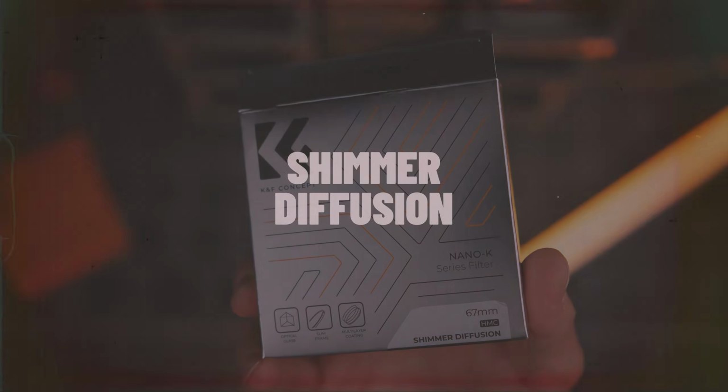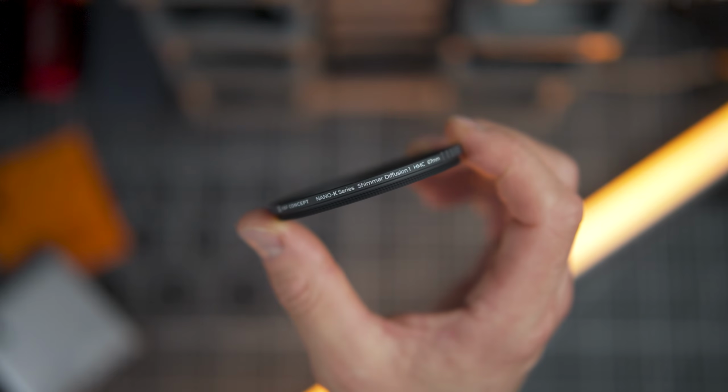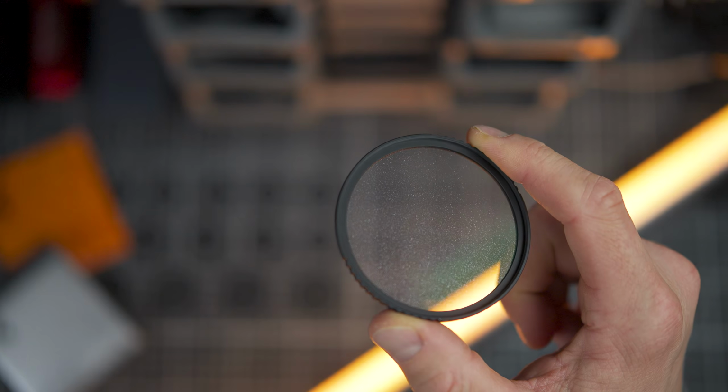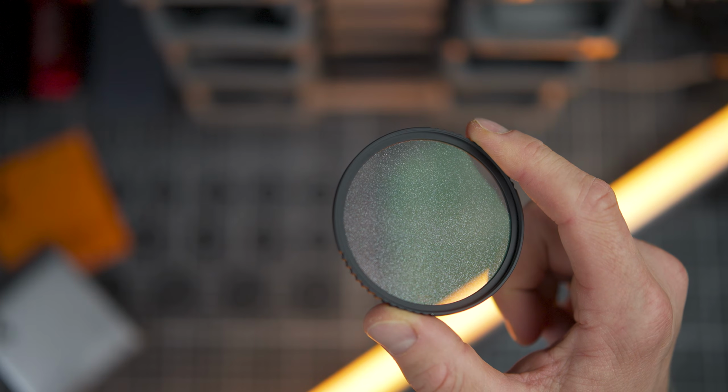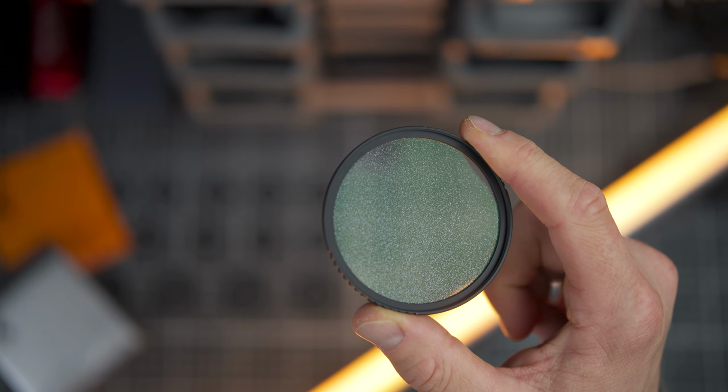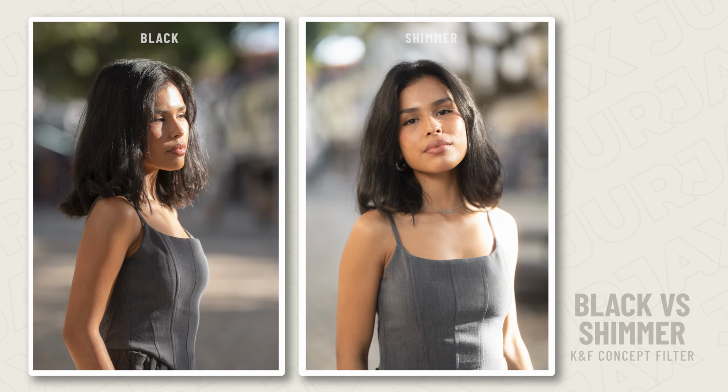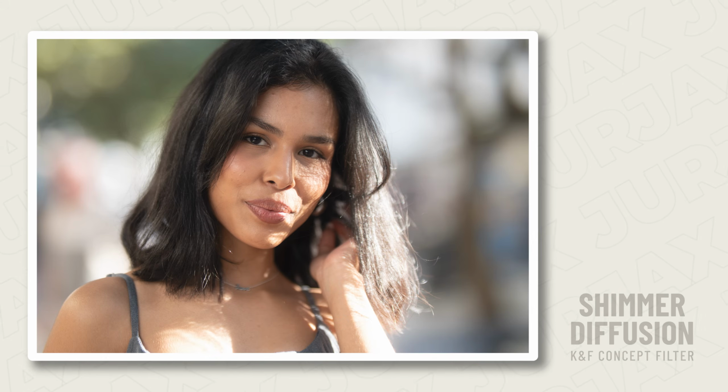A shimmer diffusion filter works similar to a black diffusion filter, but with one key difference. It adds a subtle texture glow instead of just softening the image. While black diffusion mainly reduces the contrast and blooms highlights evenly, the shimmer diffusion creates a more organic, sparkling effect, especially in bright areas. You can see that on Natalie's skin here.